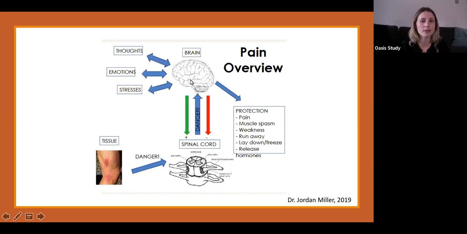So there are your thoughts, emotions, as well as your stressors. And then your brain decides to make a decision. So that can be either pain, or it can be, for example, that situation with the bear at the beginning. So it can be to run away, more as a survival mechanism. Your brain may also decide to release some hormones to help you with that. So there could be different inputs on that.